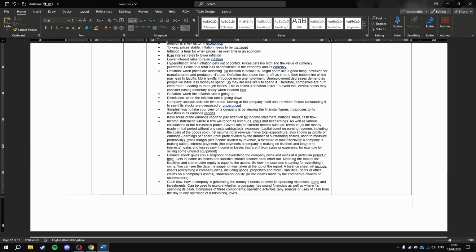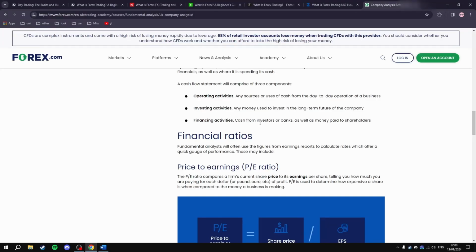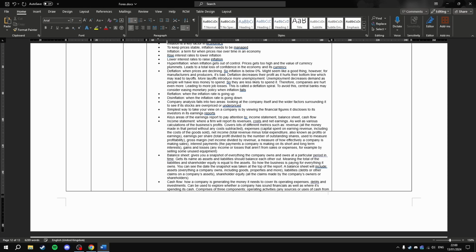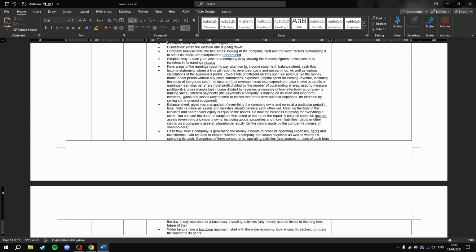Investing activities: any money used to invest in the long-term future of the company.